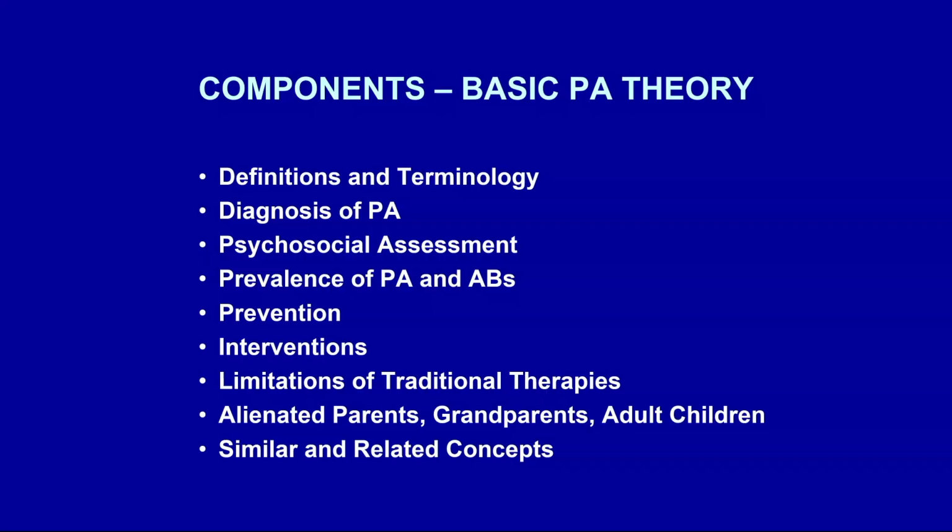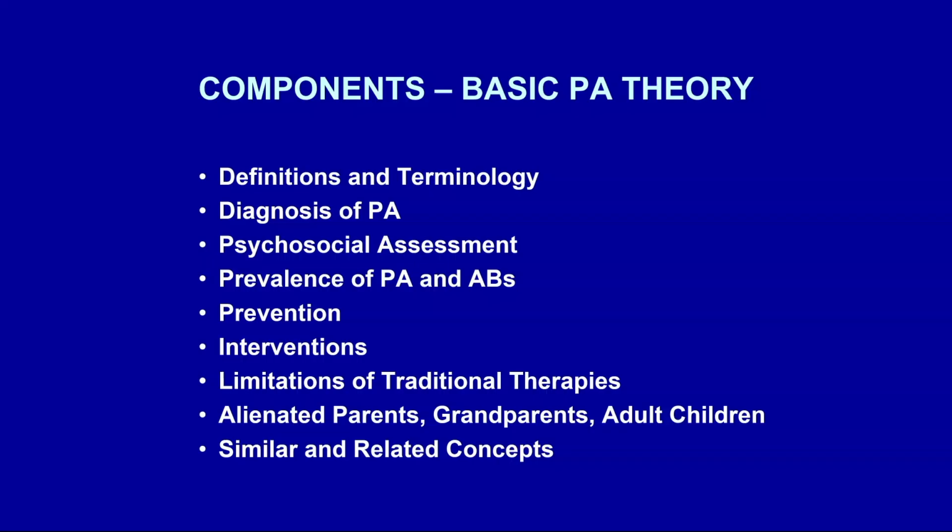There are two main divisions of the book. There's basic PA theory, and then there's another half of the book on sort of extra things. Each of these chapters is very short. They're only 4 or 5 pages, and each chapter only has a few citations, because as I've said about 6 times, we're trying to make this readable, and we're trying to convey the basic information, the basic principles.